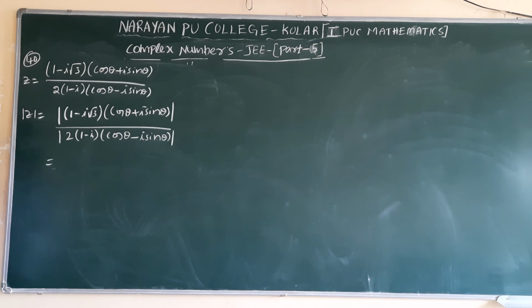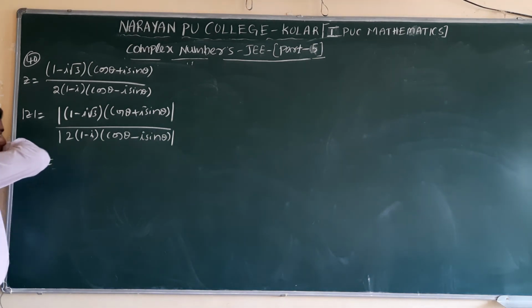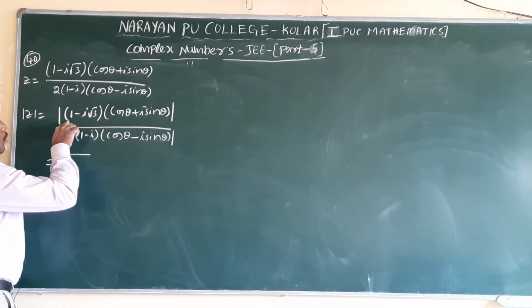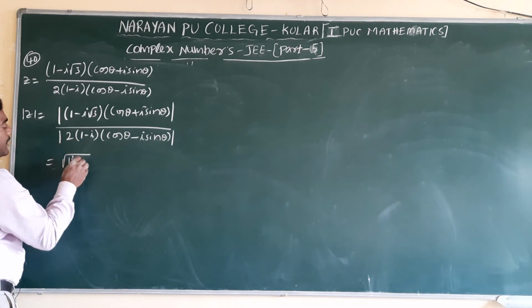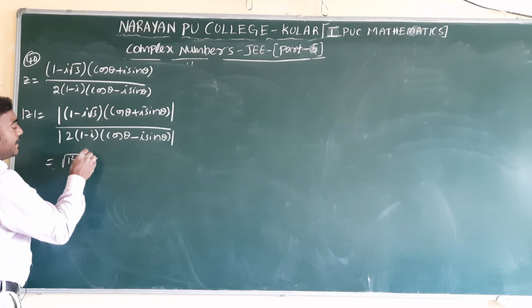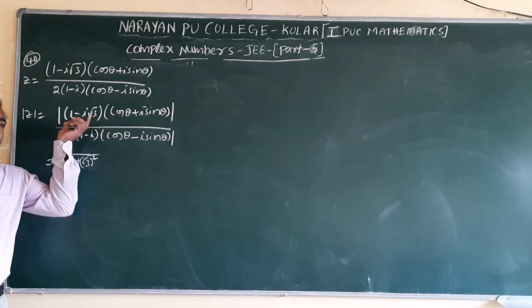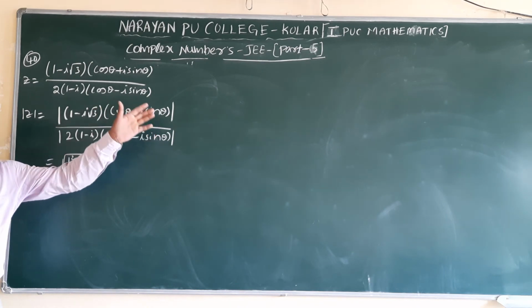Here modulus of 1 minus i root 3, we also have to take square root of 1 square plus root 3 whole square. We are applying modulus directly. Already we know that modulus of z1 into z2 is equal to modulus of z1 into modulus of z2. We have to use that property.